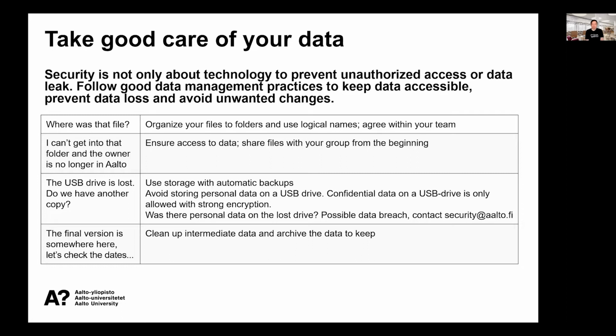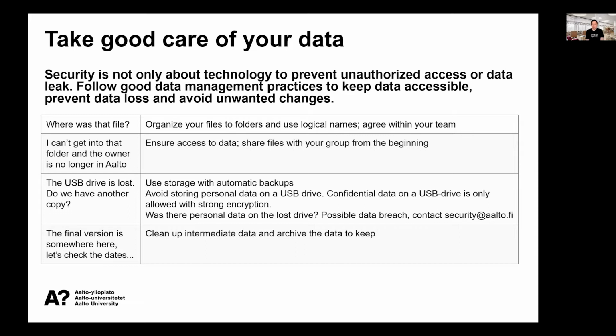And also, if you're using something like a USB drive and you happen to lose it anywhere, let's say it gets lost in a metro, or a personal laptop, you should avoid this scenario and instead use some storage which has automatic backups. And if there's any confidential data on a USB drive, you should protect it with strong encryption.